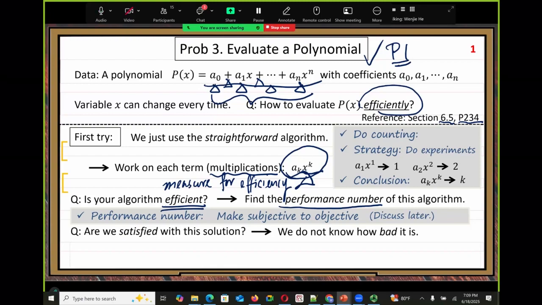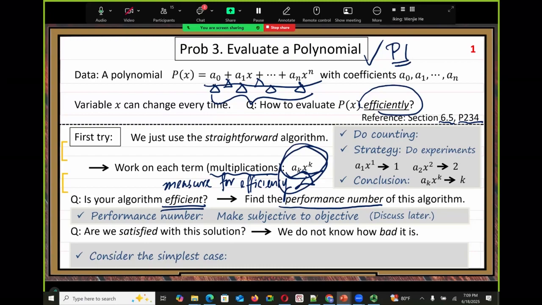So at least the first thing we want to figure out is whether we can find a different way to calculate this term. If we can, then we can do comparison.